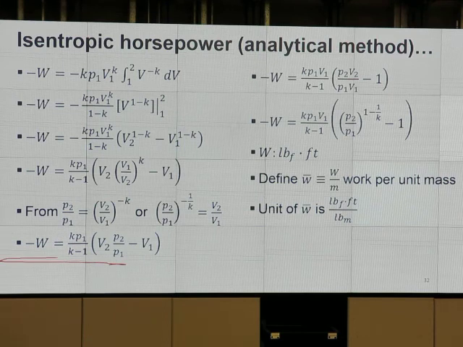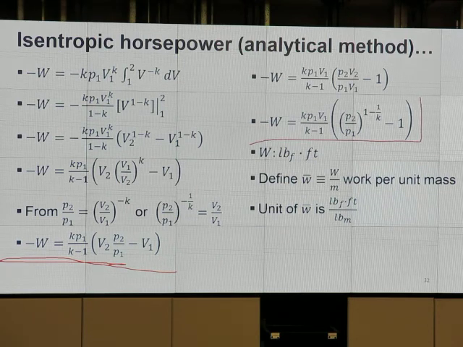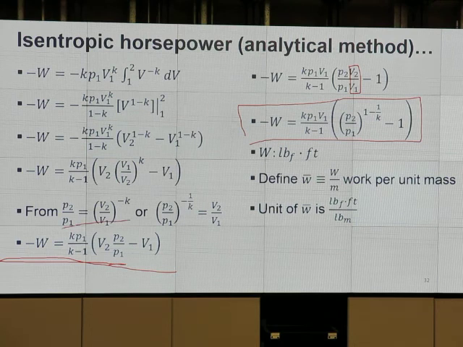Just substitute the value that I know and rearrange it a little bit. Then I get this equation. So I convert the ratio of volume to the ratio of pressure and combine the terms by using the formula that we already have.